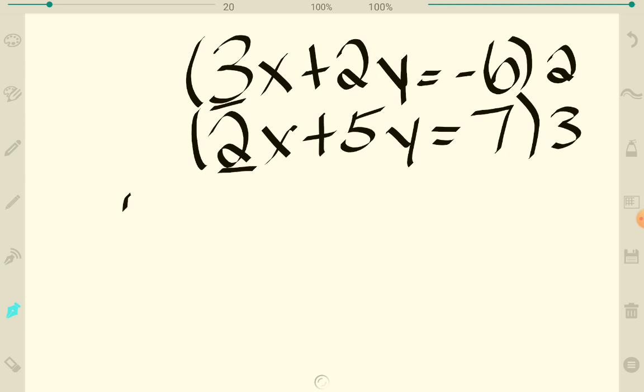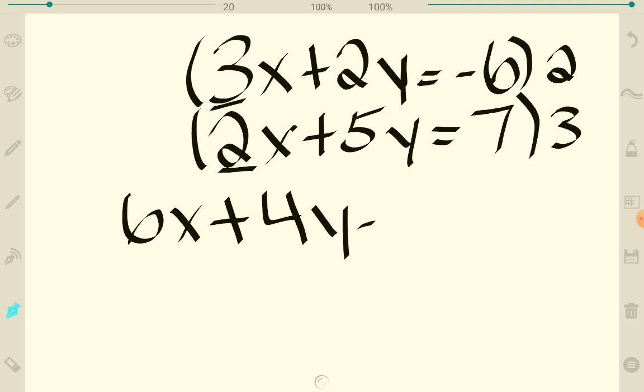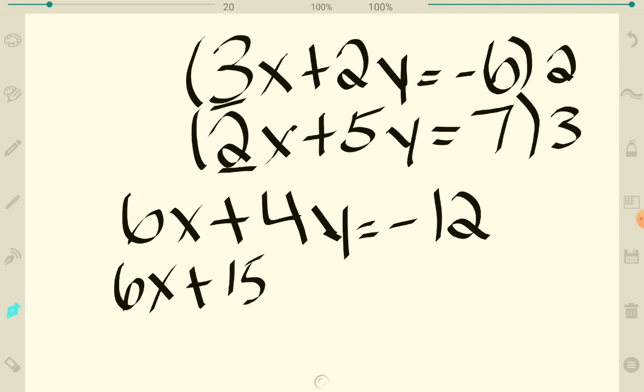For the first line, I get 6x plus 4y equals negative 12, and for the second line, I get 6x plus 15y equals 21. After this, I have to subtract, so I get rid of the x.